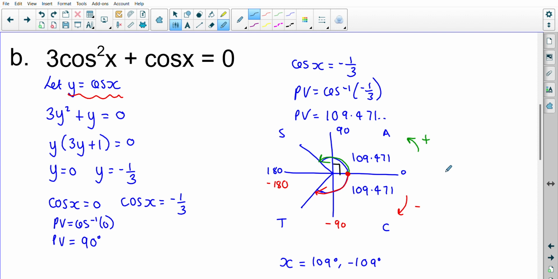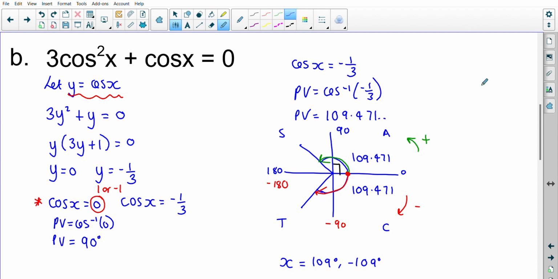So this is where the CAST diagram falls down, and it falls down when you have a 0, a 1 or a -1. Now it's not requiring much work, but you can't really use CAST.